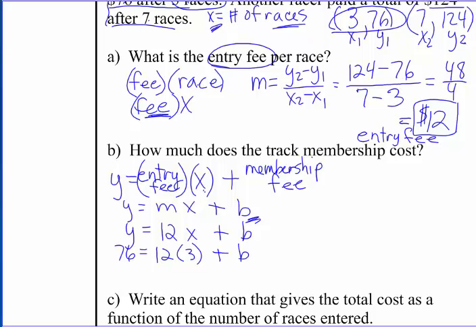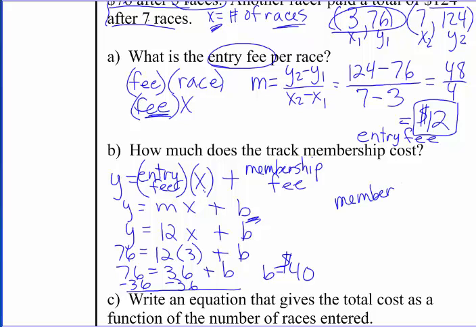And now we can find b. So 76 equals 36 plus b, minus the 36 on both sides. And you get b is equal to 40. So that's $40. The membership fee is $40.